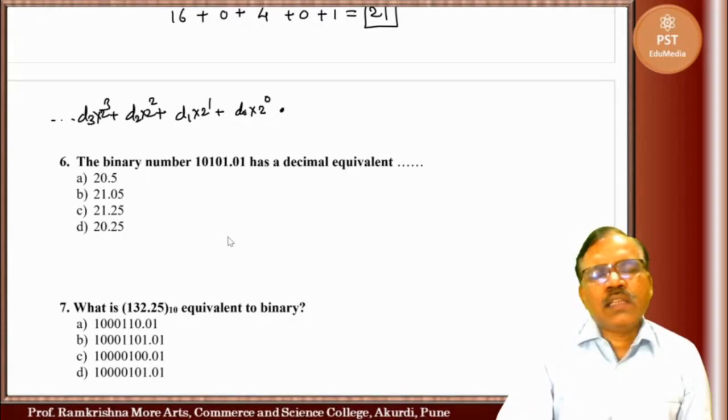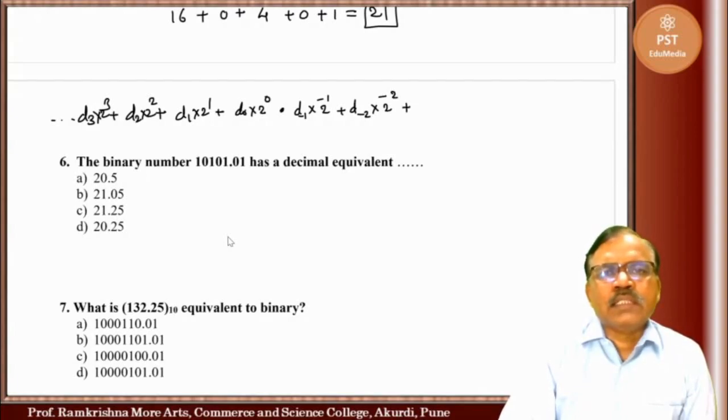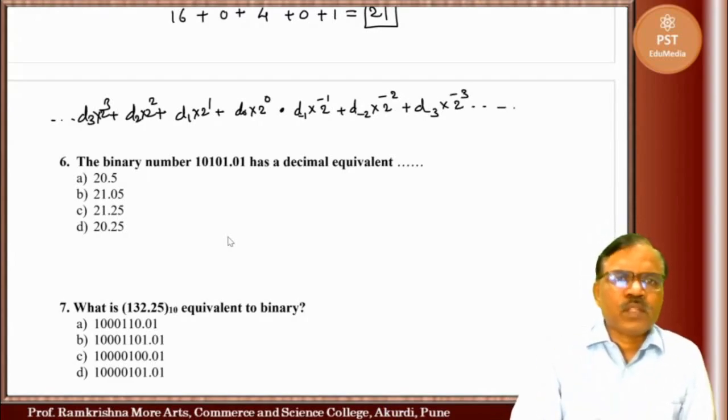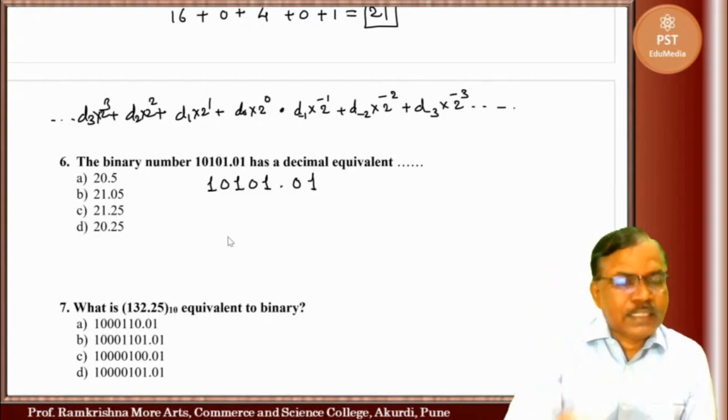And on the right side of the decimal point we have d minus 1 into 2 raised to minus 1 plus d minus 2 into 2 raised to minus 2 plus d minus 3 into 2 raised to minus 3 and so on. So here we have 10101.01. First we will find the integer part.